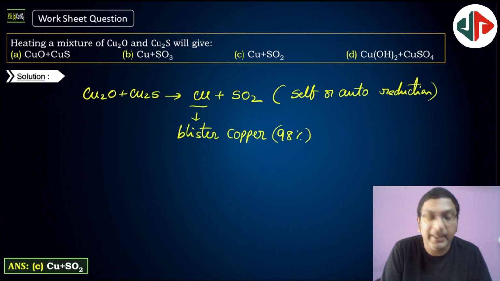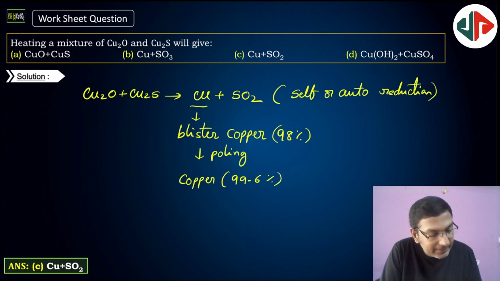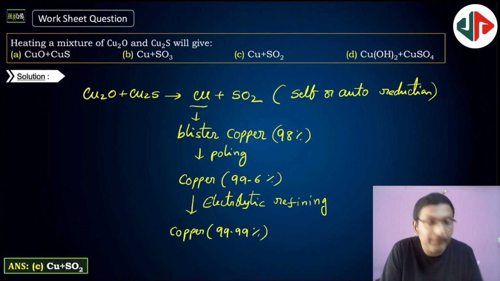This can be purified by the poling process, which gives up to 99.6%. Then on electrolytic refining, it gives copper of almost 99.99%. So very important. So option C.